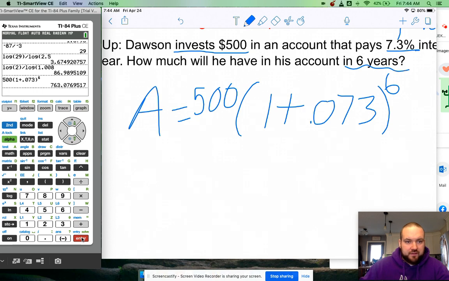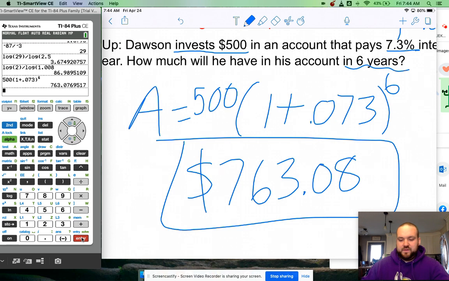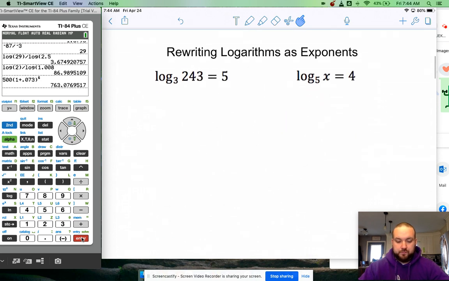That gives us $763.08 if we're rounding, which we should. So there we go, 763.08. This is an exponential growth equation where you're given a time and asked to find the future value.